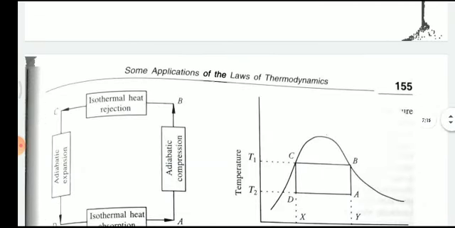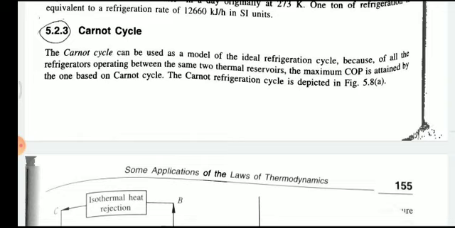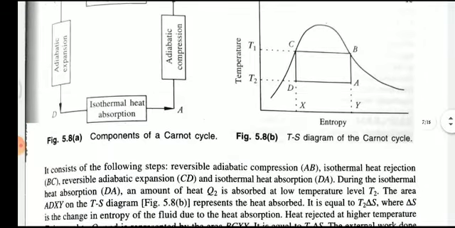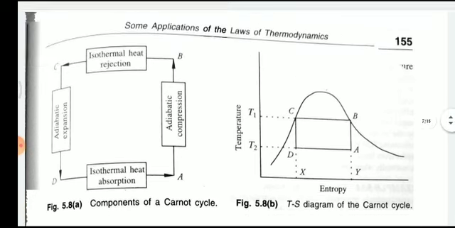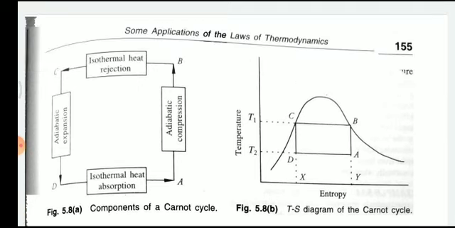8a. The coefficient of performance between the two thermal reservoirs, lower and higher, is attained by the one based on the Carnot cycle, and the Carnot refrigeration cycle is shown in the figure. The detailed learning about this Carnot cycle we will discuss in the next lecture.